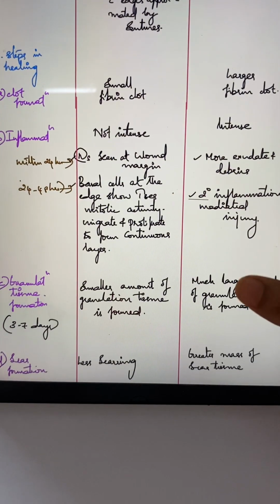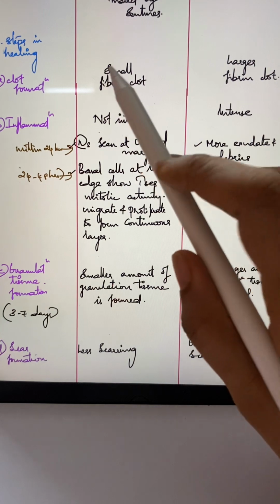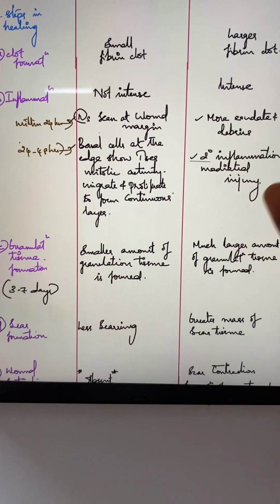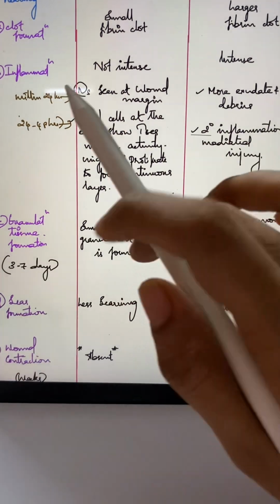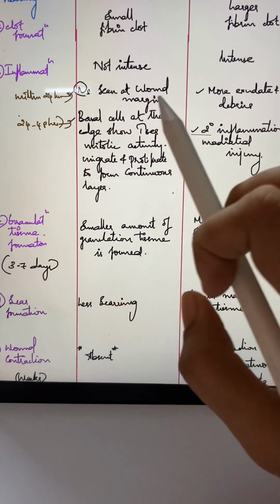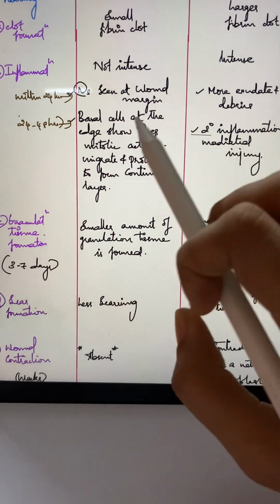And the steps in healing, here in both cases the clot will form, here the small clot and here the large clot. Of course that wound would be large, so the clot also would be large, and the inflammation is not intense here, here more intense inflammation, here less exudate or debris or anything, here it is more.